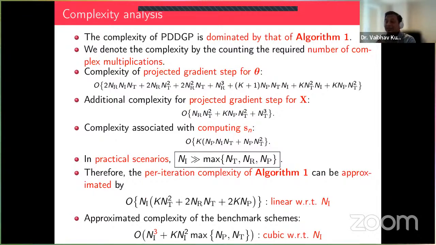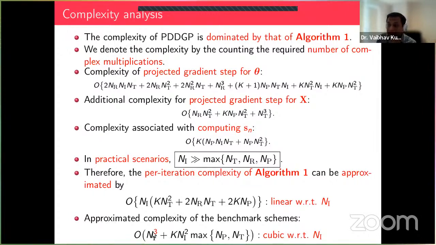That is obviously much larger than the number of transmit antennas or receive antennas at any of the nodes. So we take the assumption that Ni, the number of tiles, is much greater than the number of transmit antennas at ST, the number of antennas at the secondary receiver, and the number of antennas at the primary receiver.